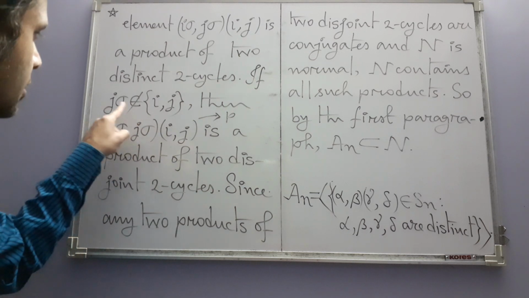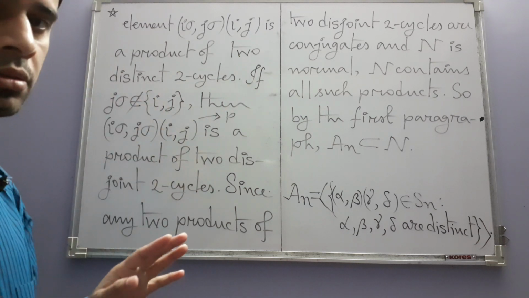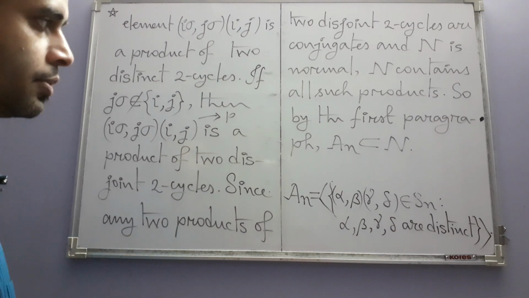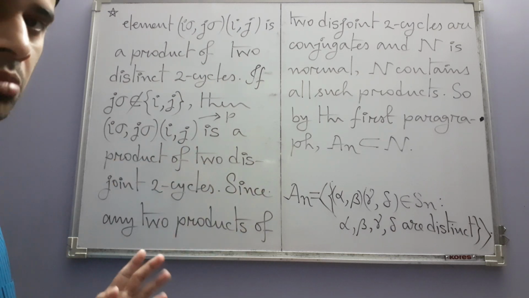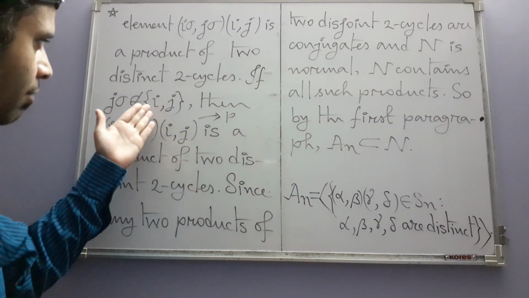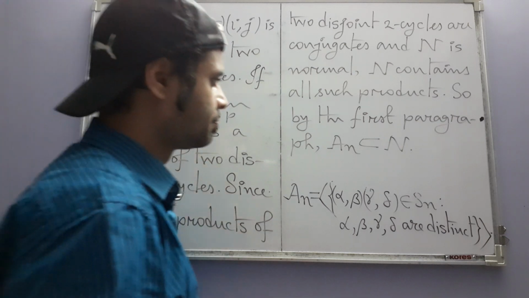If jσ is neither i nor j, then we have this. But what happens if this is in fact either i or j?